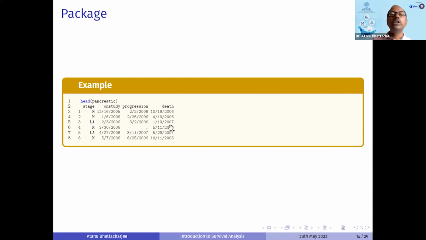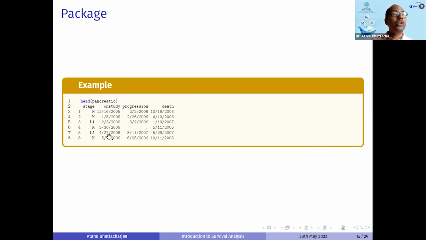What you have to do is substitute this blank value with the last date of follow-up or the date of death. Then you make the subtractions for these individuals, like date of progression minus on-study date, subtracting this value from this value.